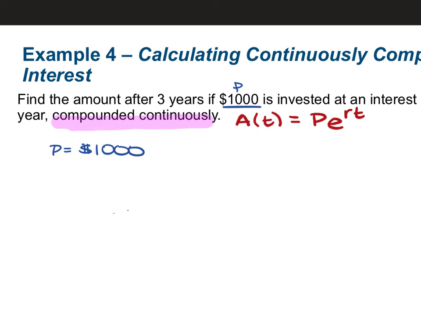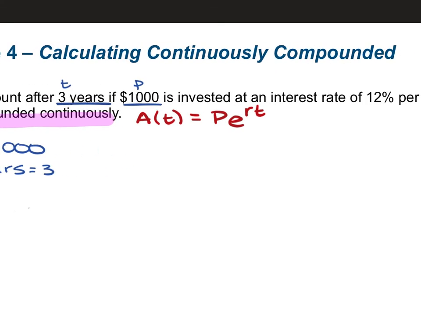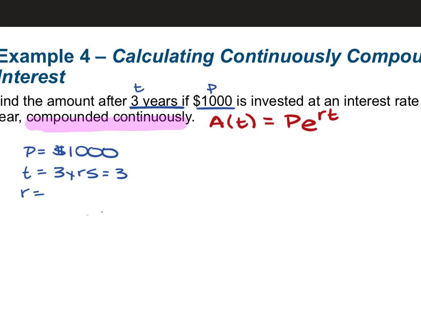The time is 3 years. T is 3. And your rate is the 12%, which is 0.12.